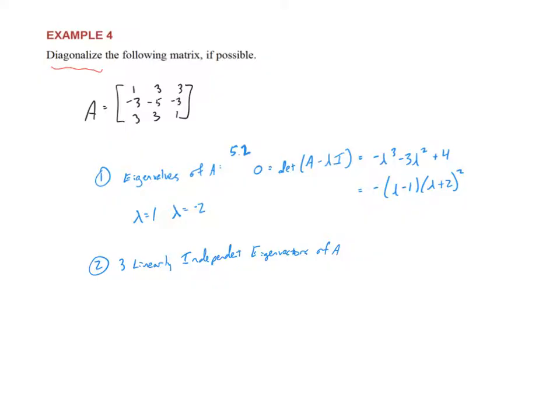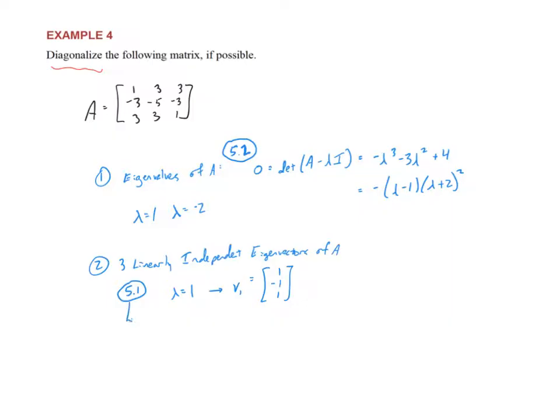This is from section 5.1 where we did this. So from 5.1, if lambda equals 1, that corresponds to an eigenvector v1 equal to 1, -1, 1. And I just skipped like 14 steps right there.